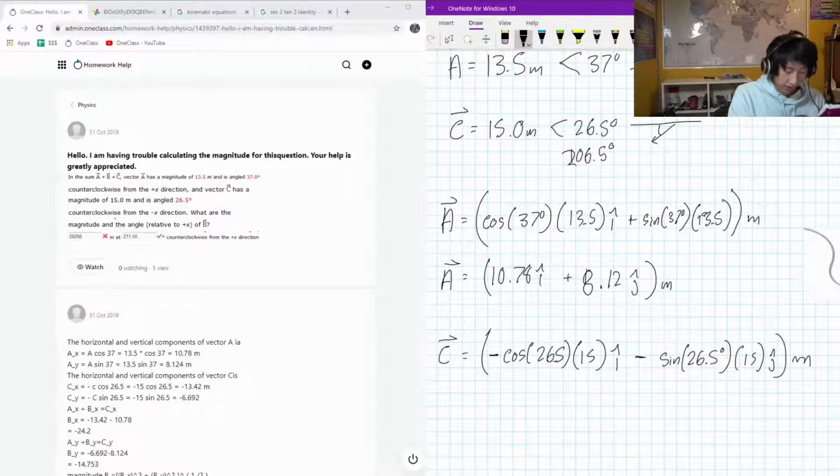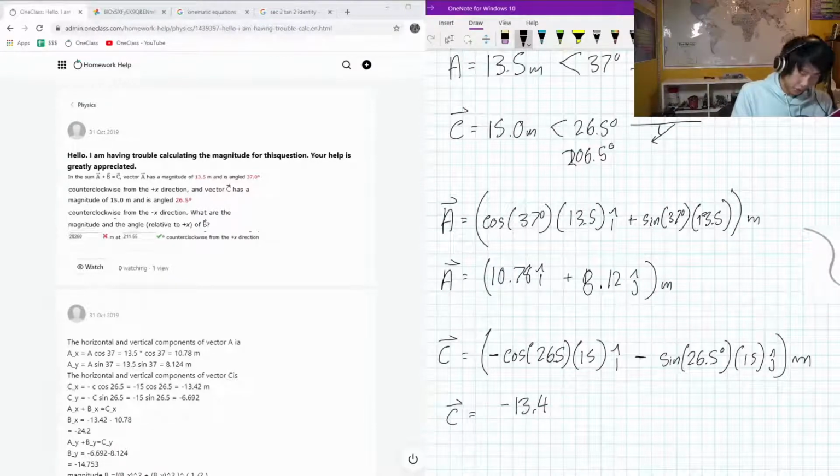Cool, so let's multiply that out. Cos 26.5 times 15 is negative 13.42 in the i direction, and then minus, now let's find the sine of that.